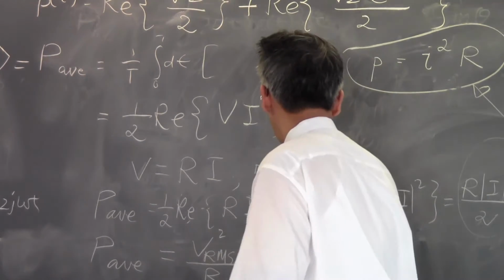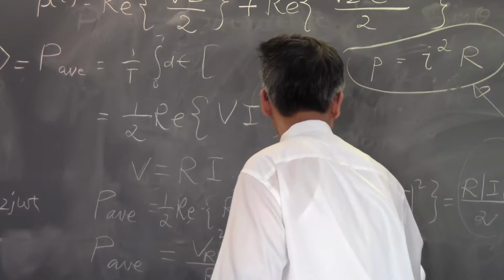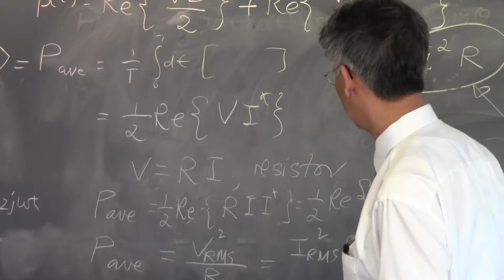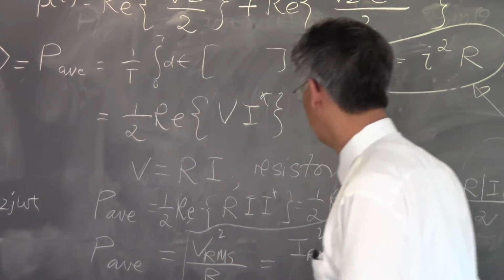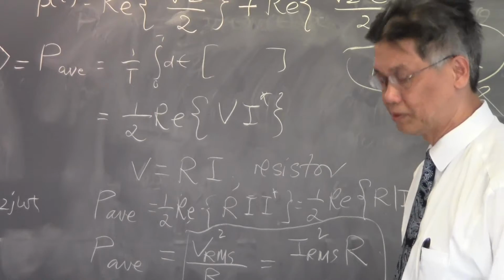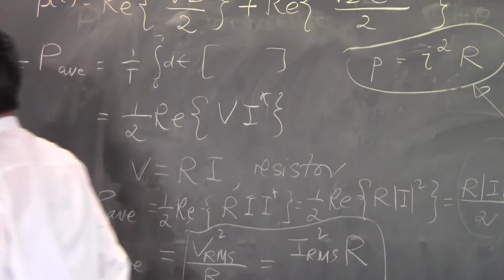So you can write this as I root mean square squared times R. These are the formulas that you are familiar with in resistive networks, but you have to replace those numbers with root mean square values.